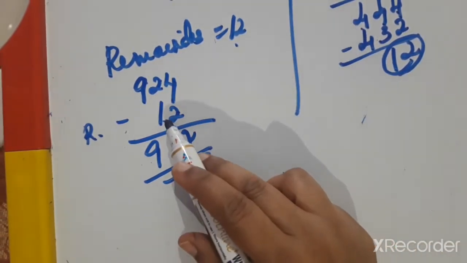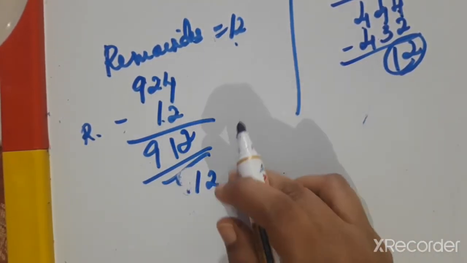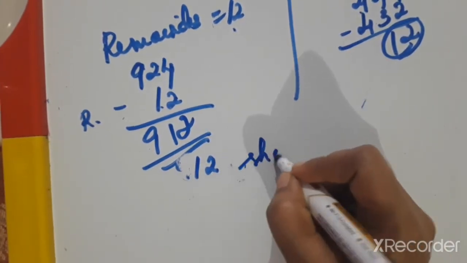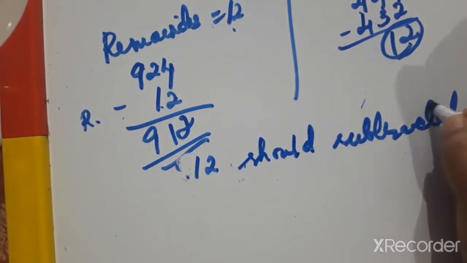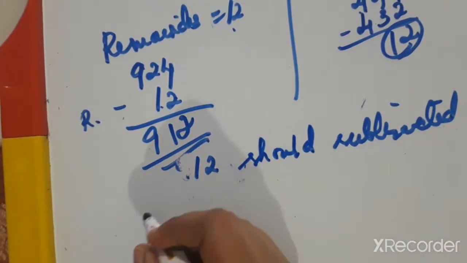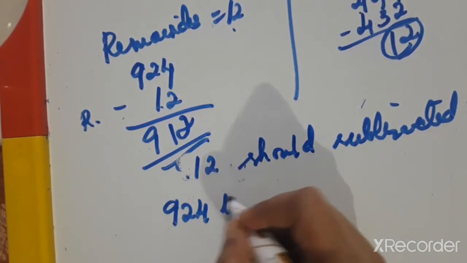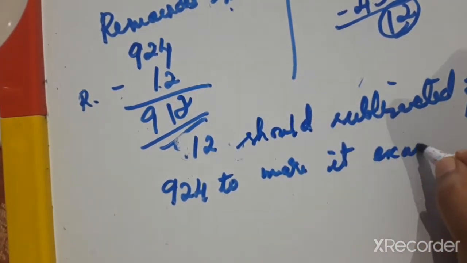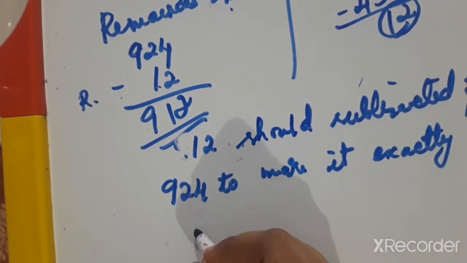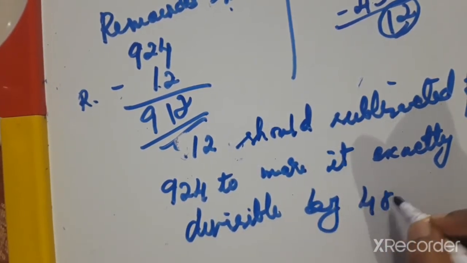Which number did we subtract? 12. So 12 should be subtracted from 924 to make it exactly divisible by 48. This is the answer.